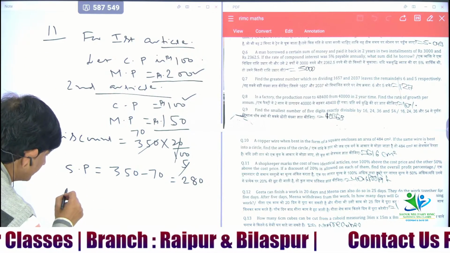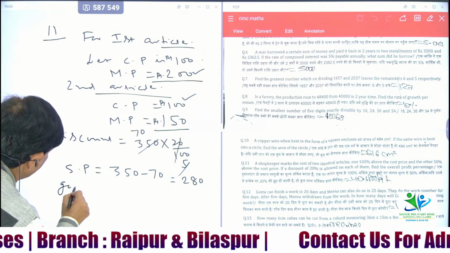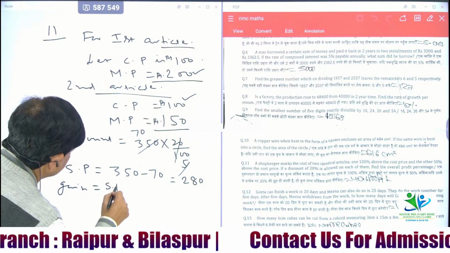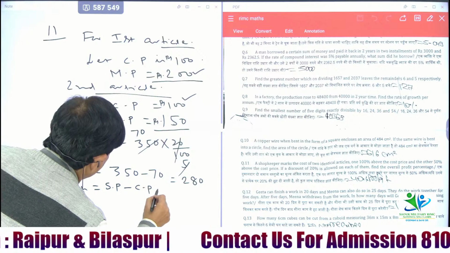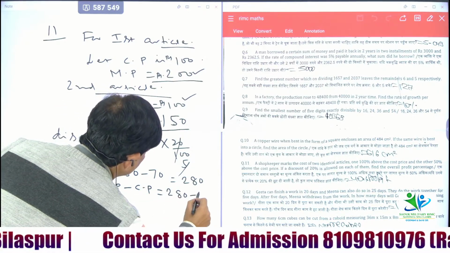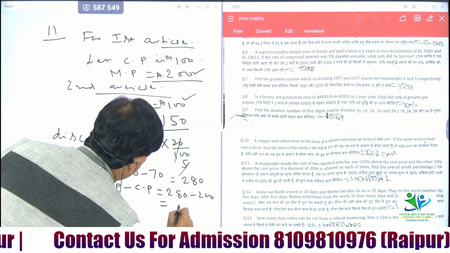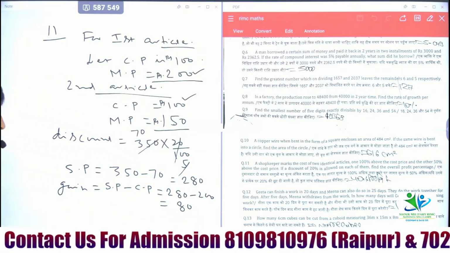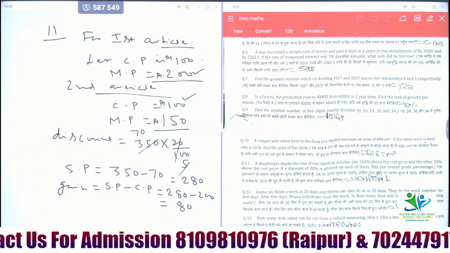SP is greater than CP, therefore gain is equal to SP minus CP. And SP is 280, CP is 200, and gain is 80 rupees. And this 80 rupees is gain on 200.